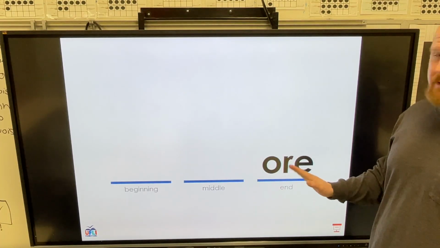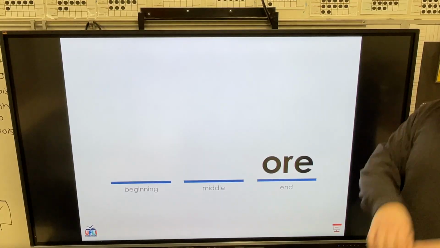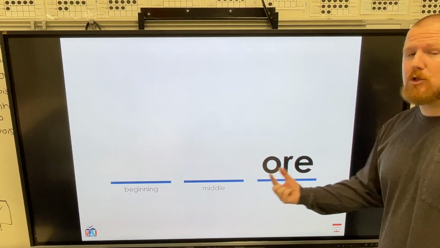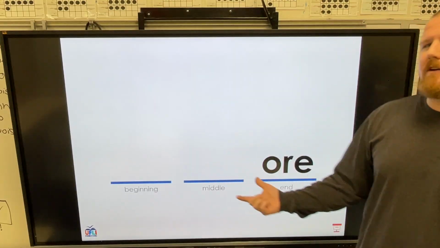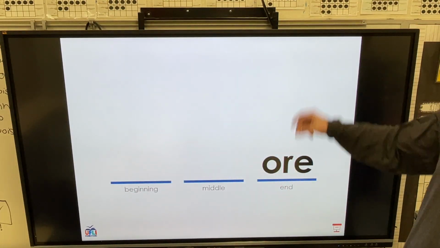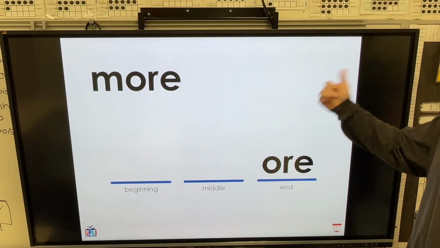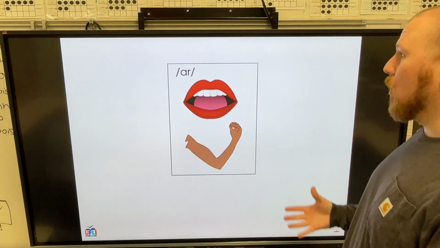We say O. It's kind of like long O with the R combined. We say it together. It makes one sound. But with the ORE, notice how they didn't put it in the middle. Because you're not going to find it in the middle, and you're not going to find this in the beginning. You're only going to find it at the end of words like more, store, before, those kind of words.